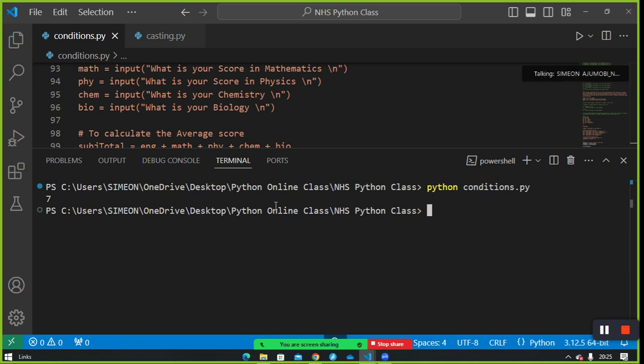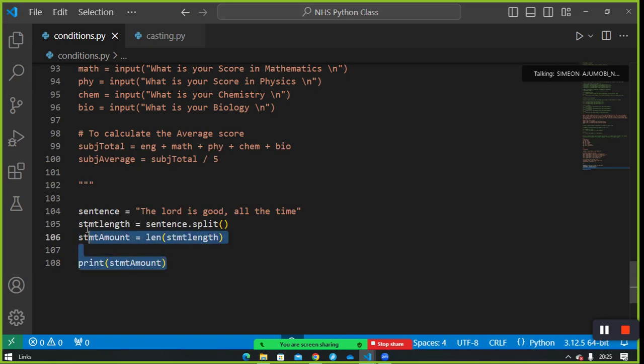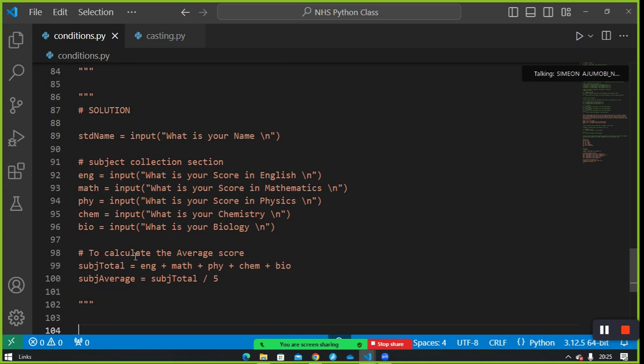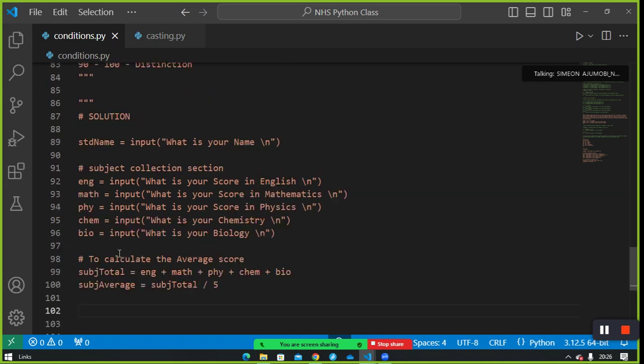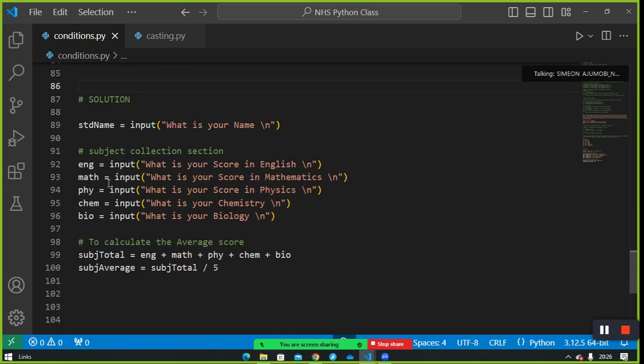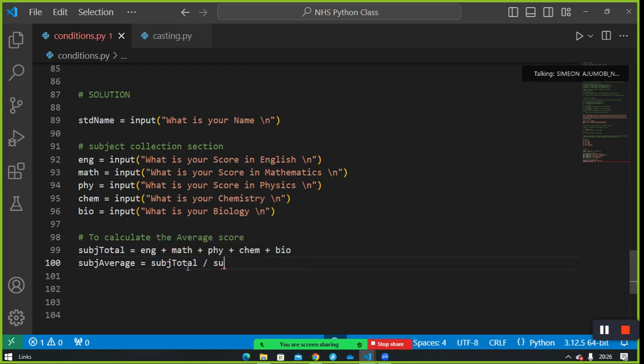I hope I'm not too fast. You understand what I explained here. I hope you understand what I'm trying to bring out here. I just remembered you can do that. That's why I brought it in. What I'm only saying in this essence is that it's very, very possible that instead of us coming to divide this thing by 5, we can just say subject amount.